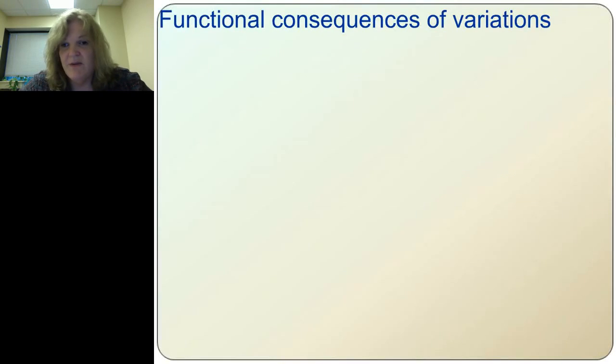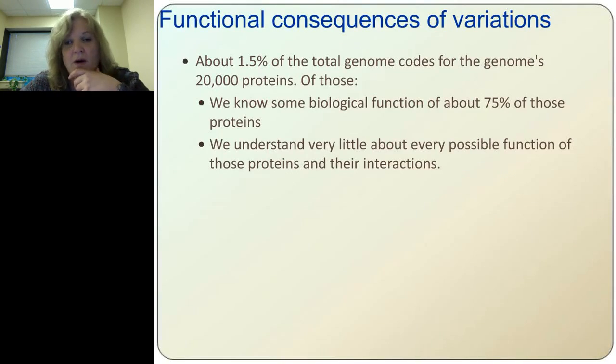So the functional consequences of variation: apparently about 1.5% of the total genome codes for the genome's 20,000 proteins. And then we know for about 75% of those proteins some information on their biological function, whether it's in a specific tissue or overall how they function. And that's actually kind of generous.